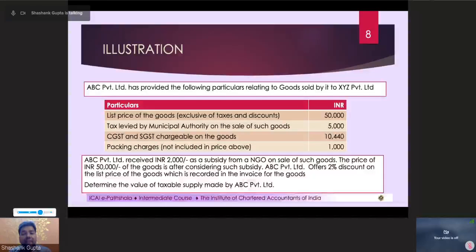Then it says ABC Private Limited offers 2% discount on list price. What is the list price? 50,000. What is 2% of 50,000? 1,000, which is recorded in the invoice. So it is a discount known at the time of supply. So this 1,000 has to be deducted from 58,000, and then the answer will be 57,000.